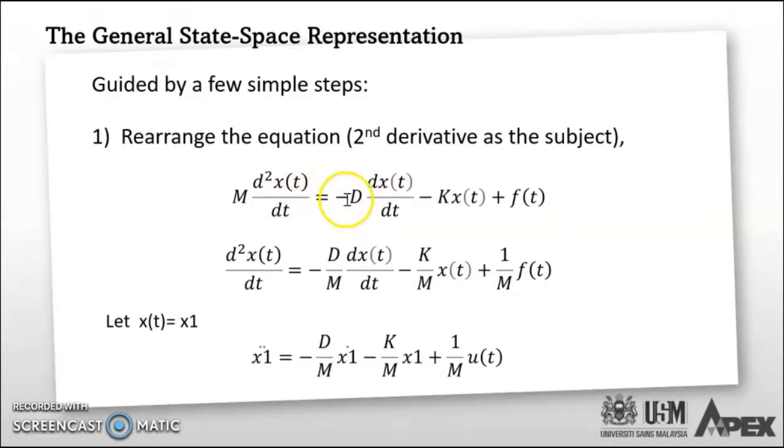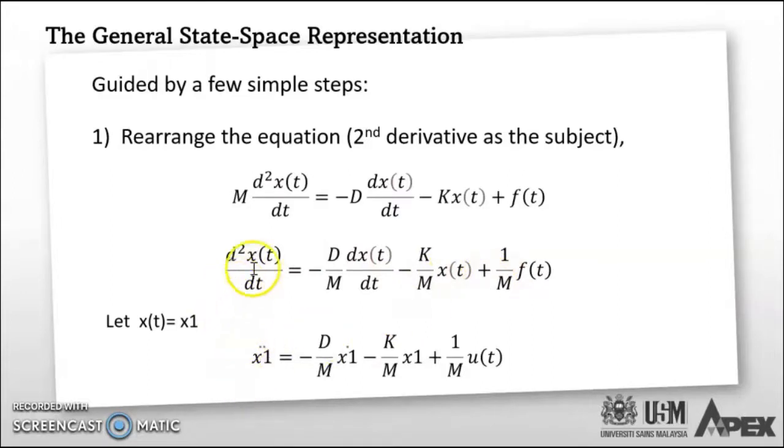Equals minus dx over dt minus kx, and then the input f(t). Then you simplify it, we want to eliminate this m at this side, so we divide by m on the other side.